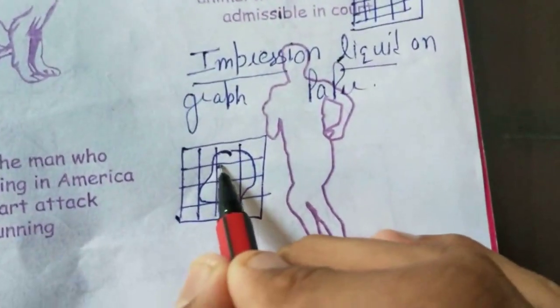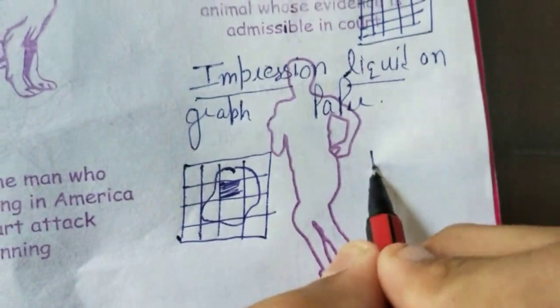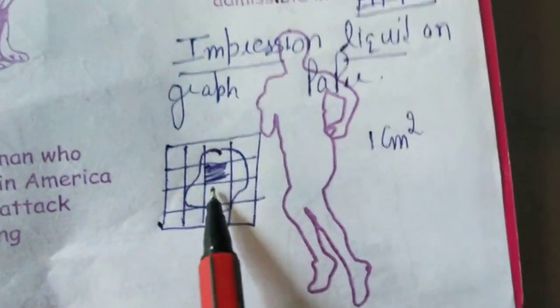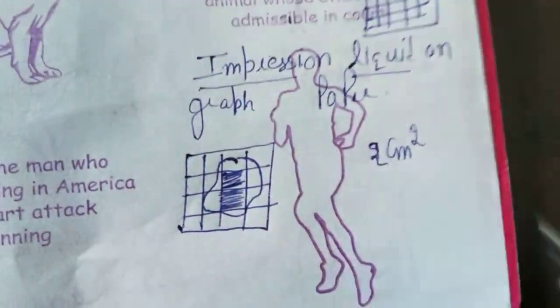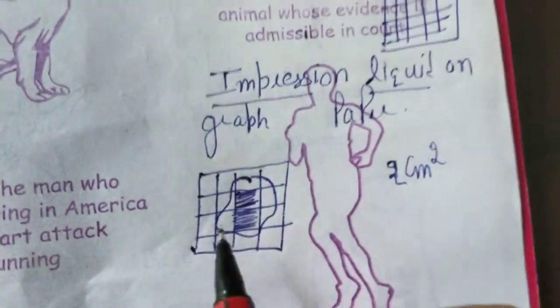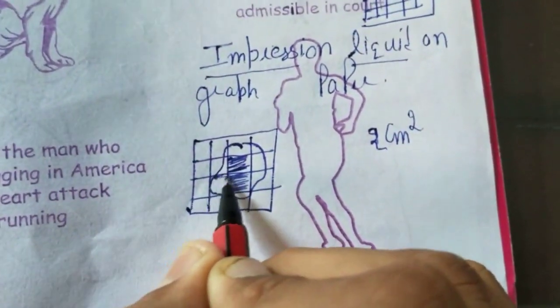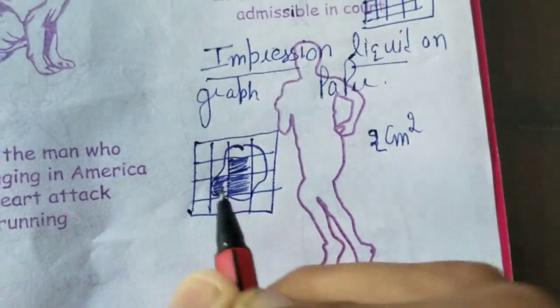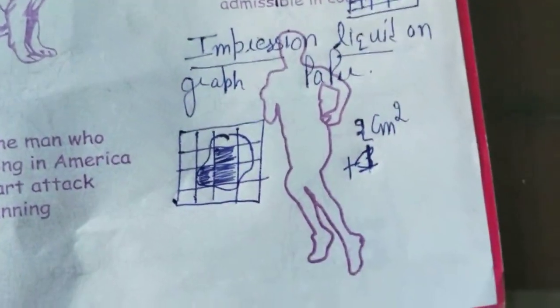Here you are getting a full square. You know the area of this full square, that is 1 centimeter square. Here you are also getting a full square, that means one more, 2 centimeter square area. Here you are getting a square but not full, it is up to 80%. If you are getting a square more than 50%, you will count it, 1 plus 1, that means 3.